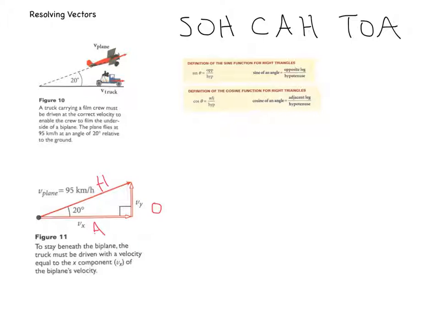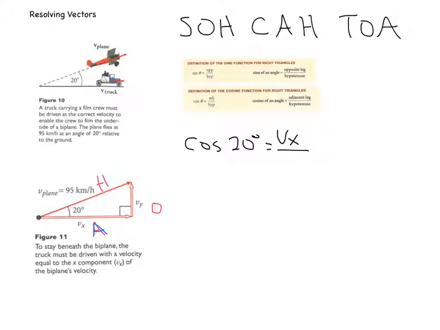So our first step is to find Vx. We have the A and H, and we want to find the adjacent side, so we're going to use cosine to find the x value. Plugging everything into this equation, cosine of 20 equals the adjacent side, so that's our x, or v sub x, over the hypotenuse.